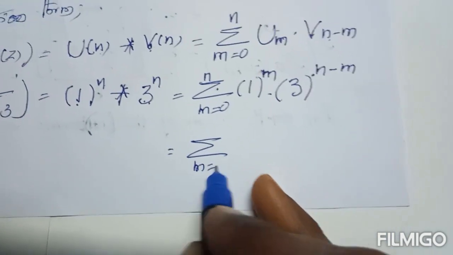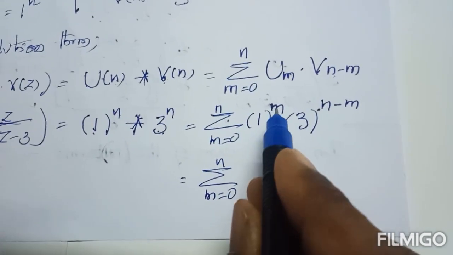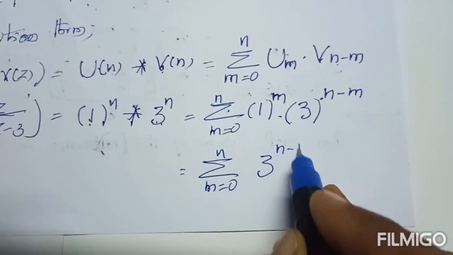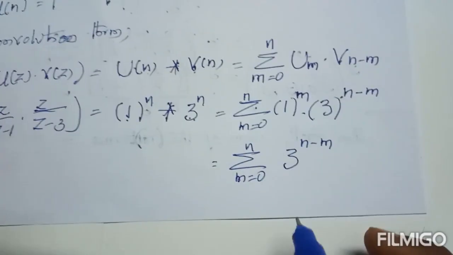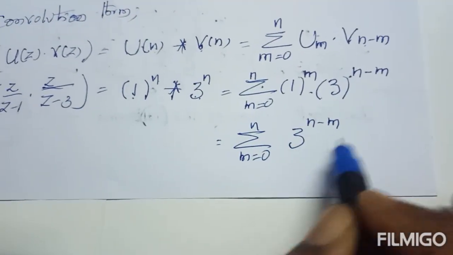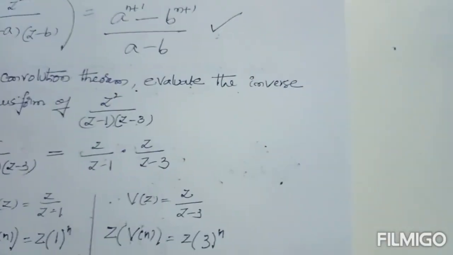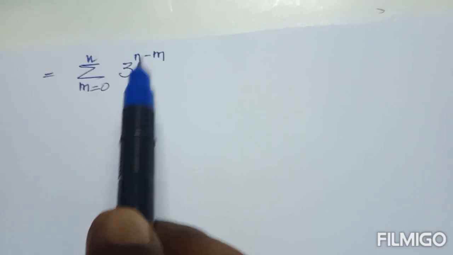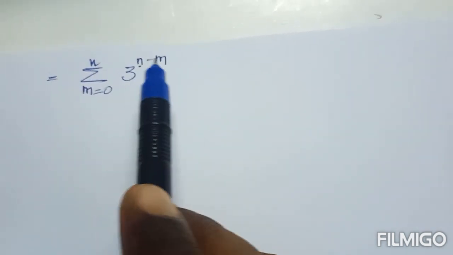Now the next step is very ordinary simplification. Summation of m equal to 0 to n. 1 to the power of anything is 1. Just 3 to the power of n minus m only is there. After that, to define addition of these terms, how to write? Here, this is 3 to the power of n minus m. In the power there are two terms.